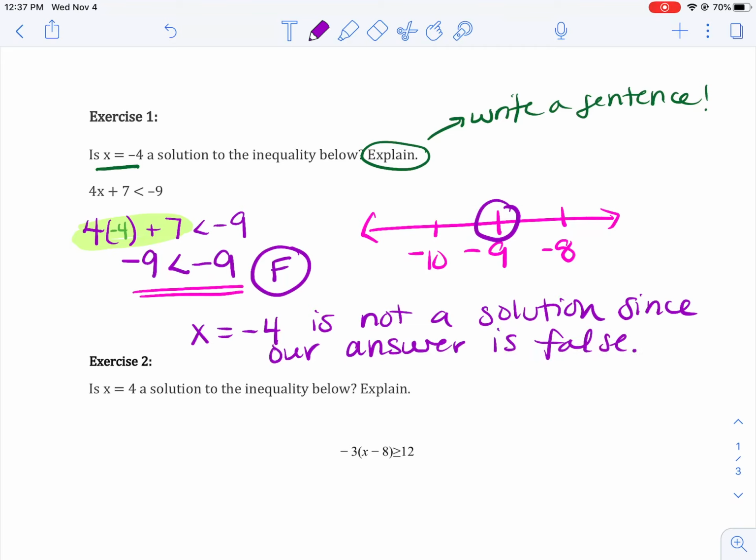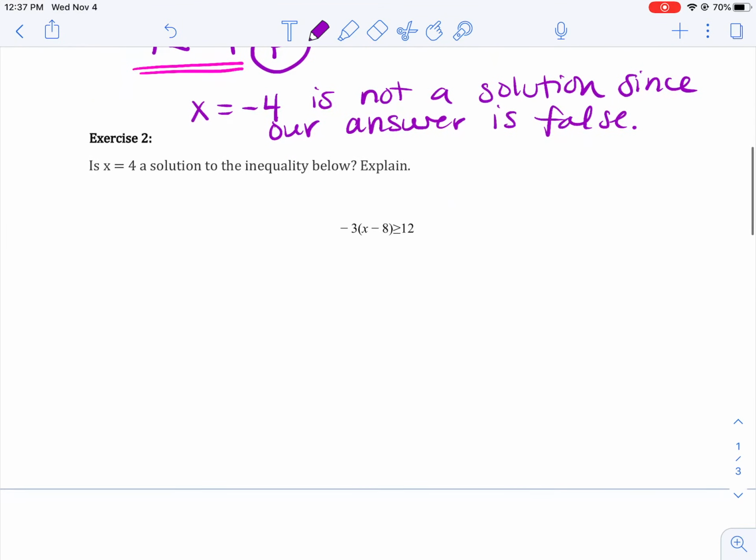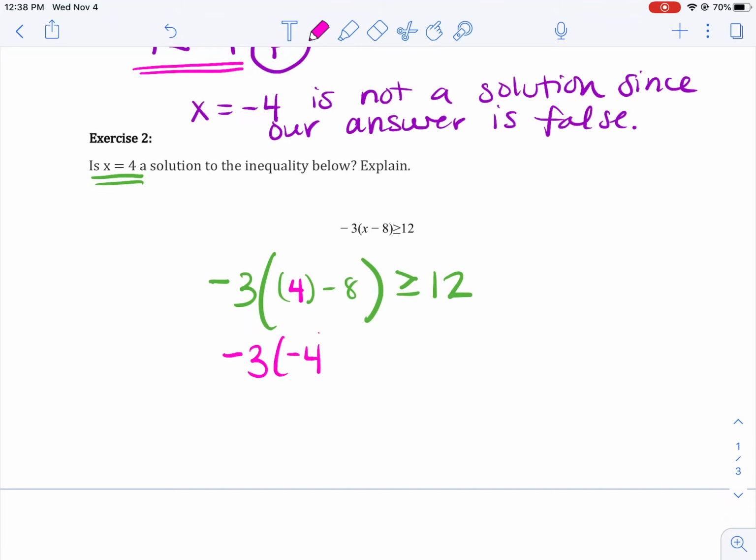Okay, so let's try another one here. You could even try this one yourself. Oh, no, you know what? We'll try this one together first. So I have x equals 4. Is that a solution? So -3, and I'm going to put little parentheses in here so that I keep myself organized, is greater than or equal to 12. Instead of putting in x, let's put in 4. So -3 times -4 is greater than or equal to 12.